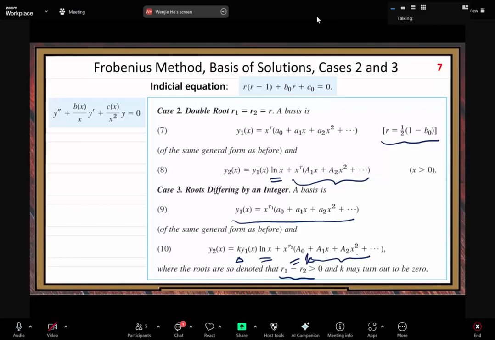The main idea is you just get some basic experience, so you know how to solve it. Okay, all right.